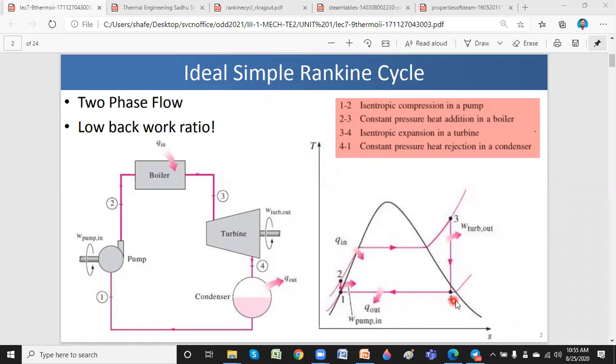How to find H wet? It is the enthalpy HF at this pressure plus X, where X is the dryness fraction, into HFG. HFG you can find out at this pressure, the amount of latent heat. If you put in these values, I can find out the enthalpy of wet steam at 4.